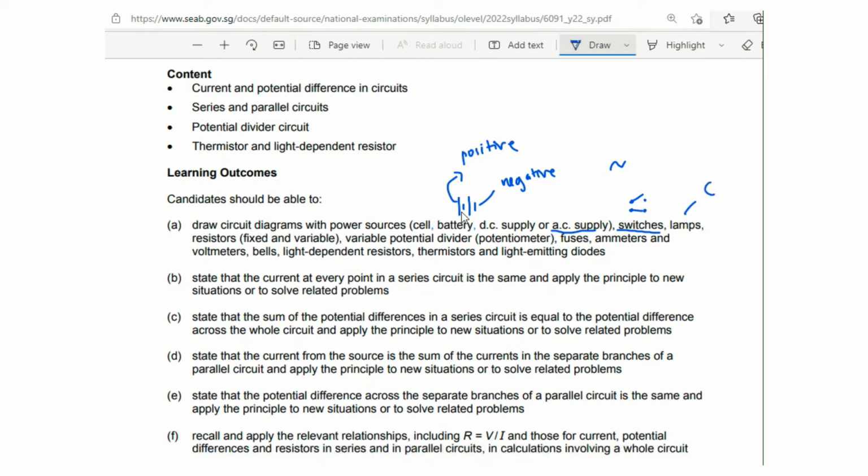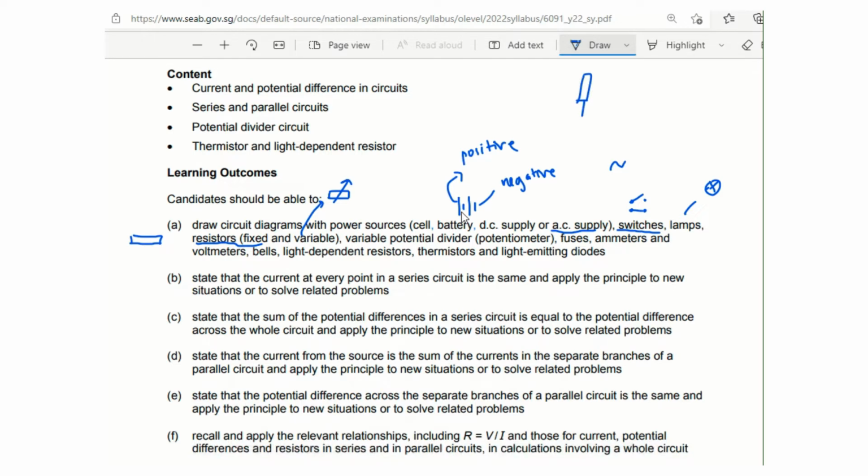For a lamp, the symbol looks like this. For a fixed resistor, the symbol is simply a rectangle. If it's a variable resistor, it will be a rectangle with an arrow. If you have a variable potential divider, it will look something like this.